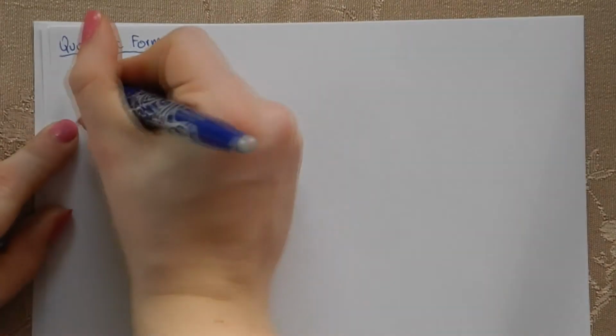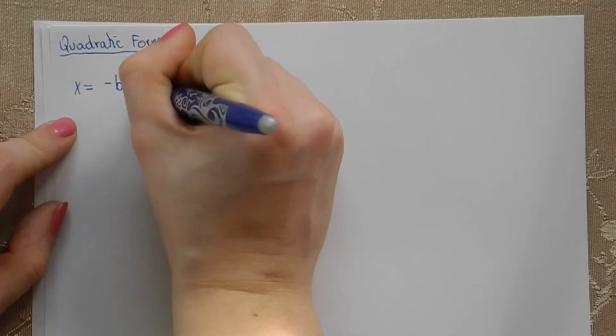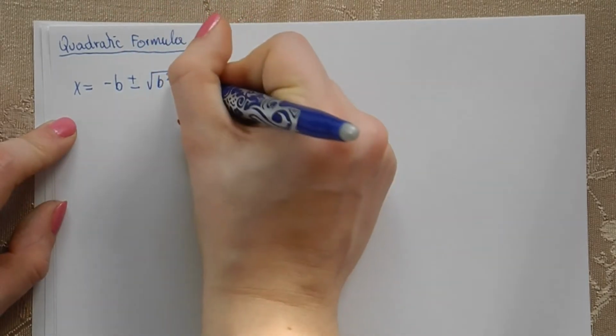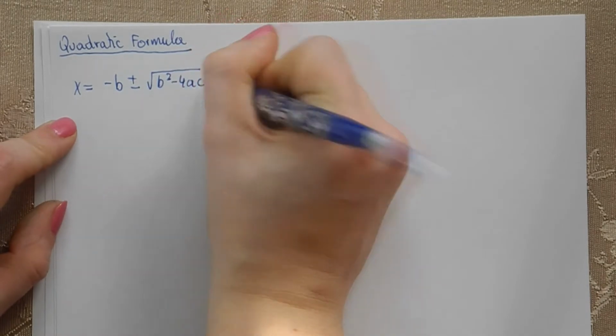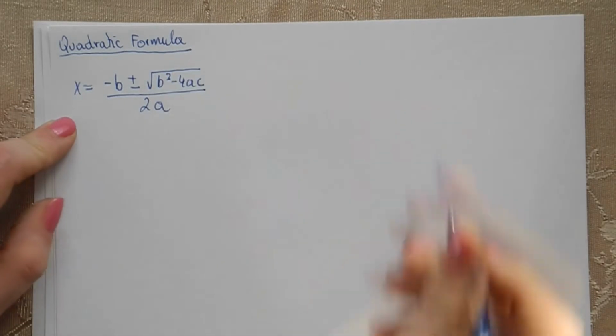Very often, students are asked to memorize the quadratic formula in the form x equals negative b plus and minus square root of b squared minus 4ac all over 2a.